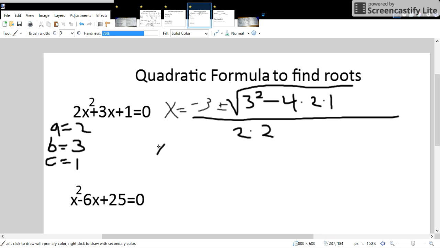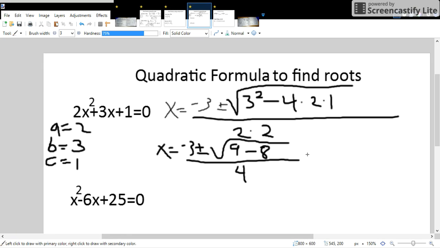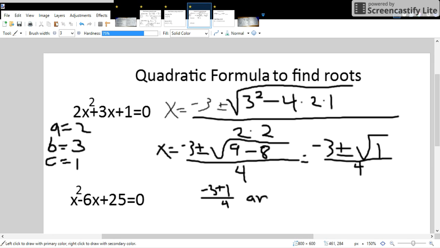So from there, you have x equals negative 3 plus or minus 9 minus 8 all over 4. We add that up, you get negative 3 plus or minus square root of 1 over 4. That's the same thing as saying negative 3 plus 1 over 4 and negative 3 minus 1 over 4.